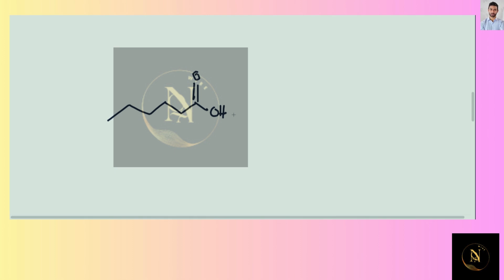Okay. Now we've got hexanoic acid. So another thing that's nice to know about Grignard reagents is that we can add a carbon with 2 oxygens, as CO2.